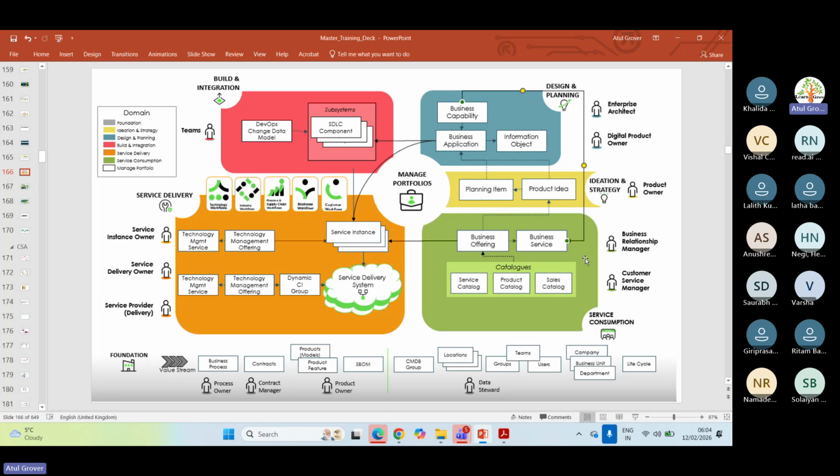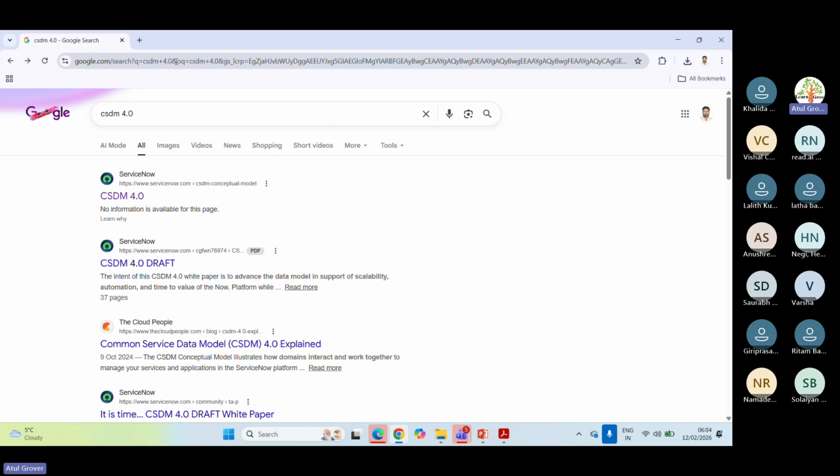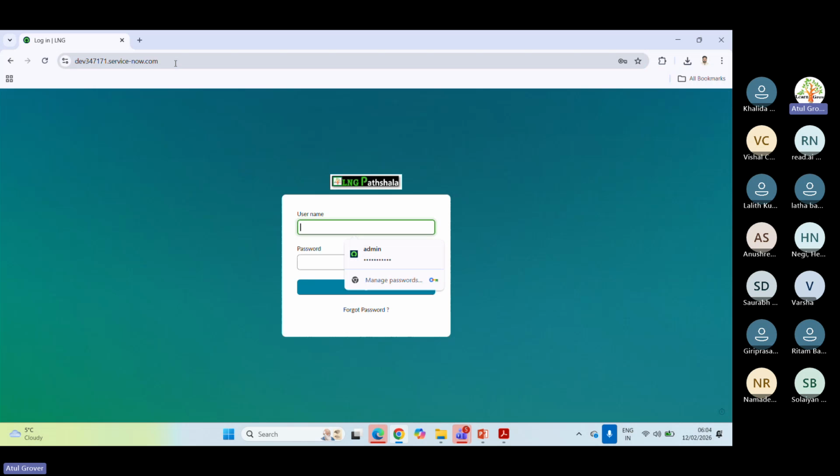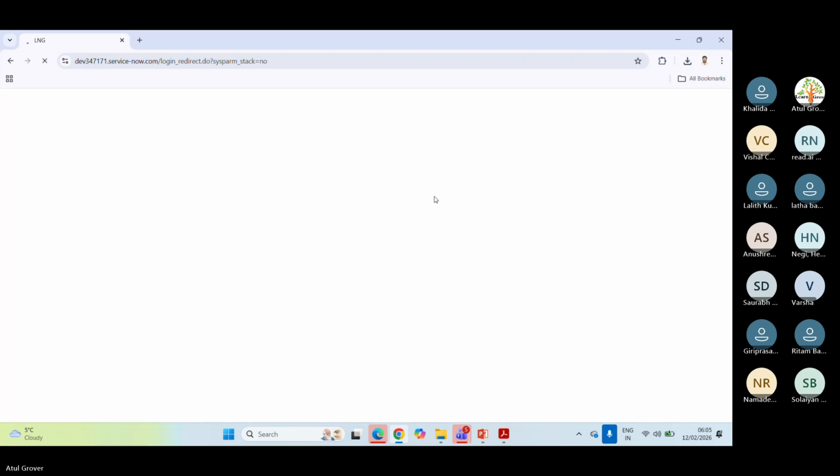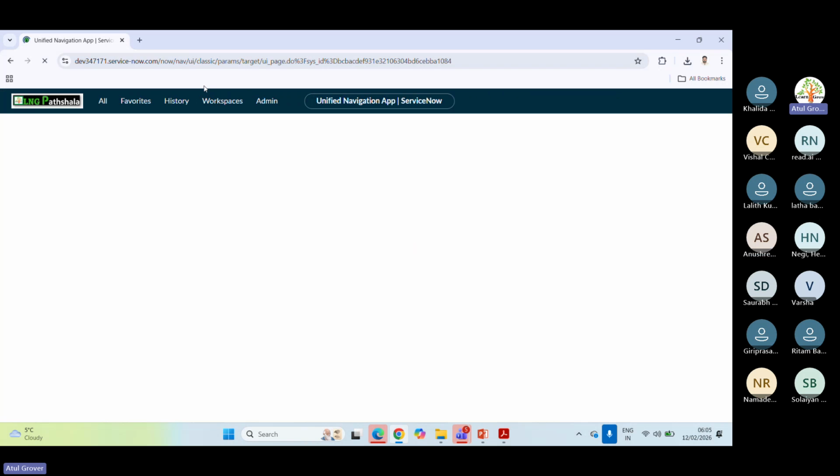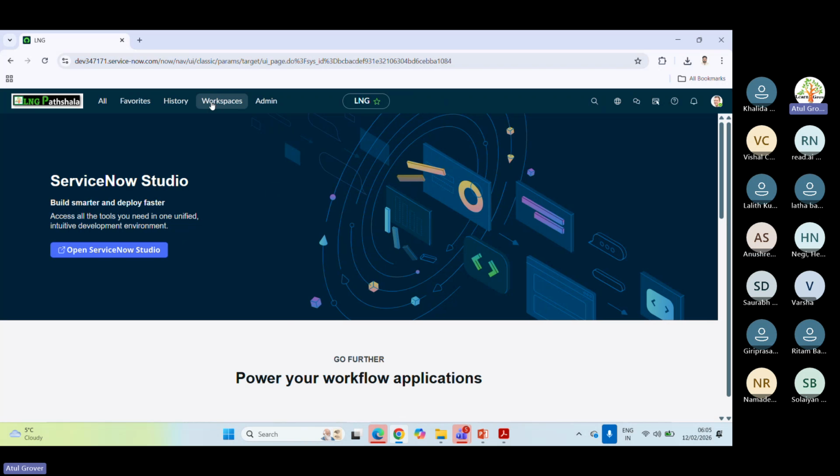If you remember in the CSDM dashboard, let me show you something here. This is a concept we see: foundation, crawl, walk, run, and fly.